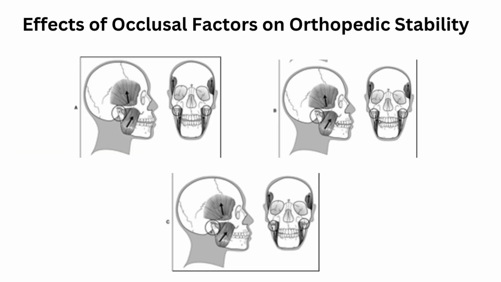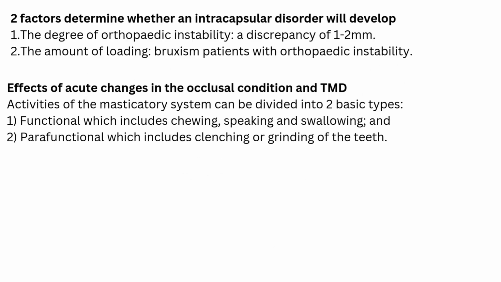Now let's talk about the effects of occlusal factors on orthopedic stability. The first factor is whether an intracapsular disorder will develop or not. There are two factors that determine this. First is the degree of orthopedic instability, that is, if the discrepancy is 1 to 2 millimeters.